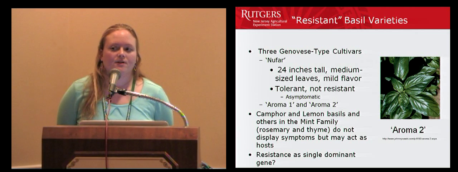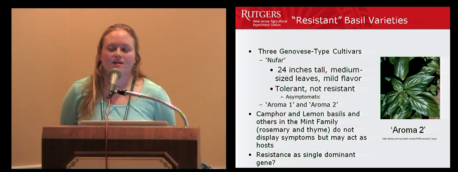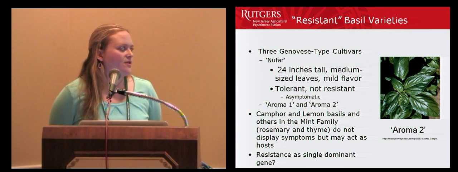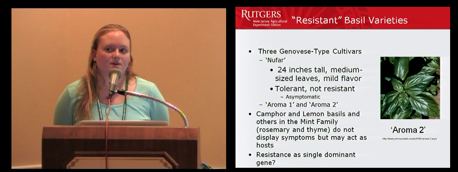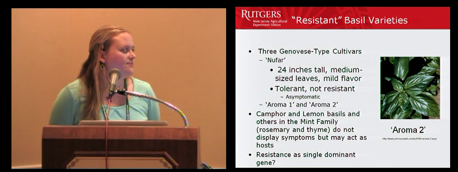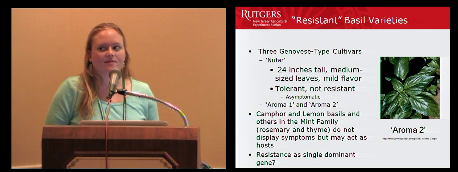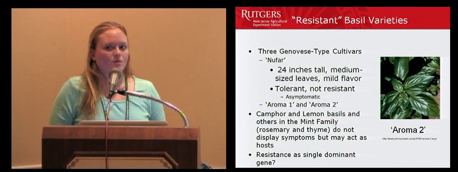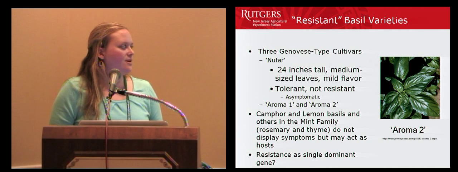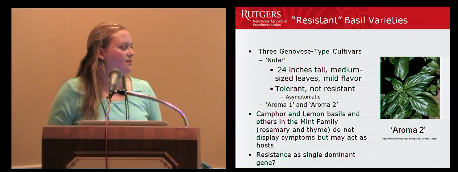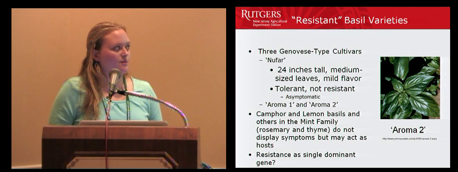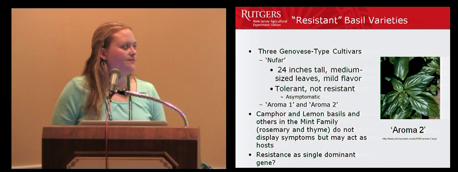So this means the fungus can still be inside the plant and actually result in sweet basil obtaining the disease from these asymptomatic plants. It's also believed that Fusarium resistance may be a single dominant gene. It's important to look into that again.